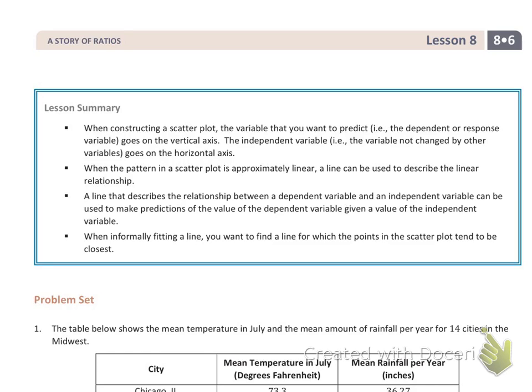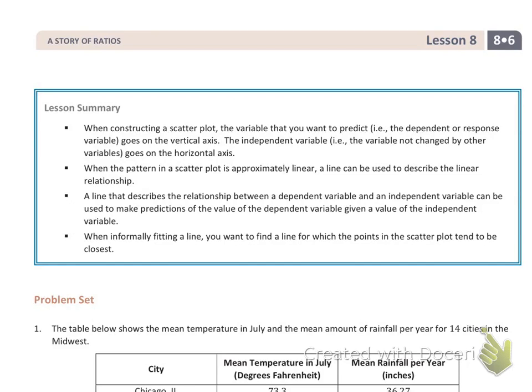And the first bullet point on that talks about this dependent independent variable here. And it says the variable that we want to predict is the dependent, and that's going to go on the vertical axis. The independent variable, and they're describing it as the variable not changed by other variables, goes on the horizontal axis.